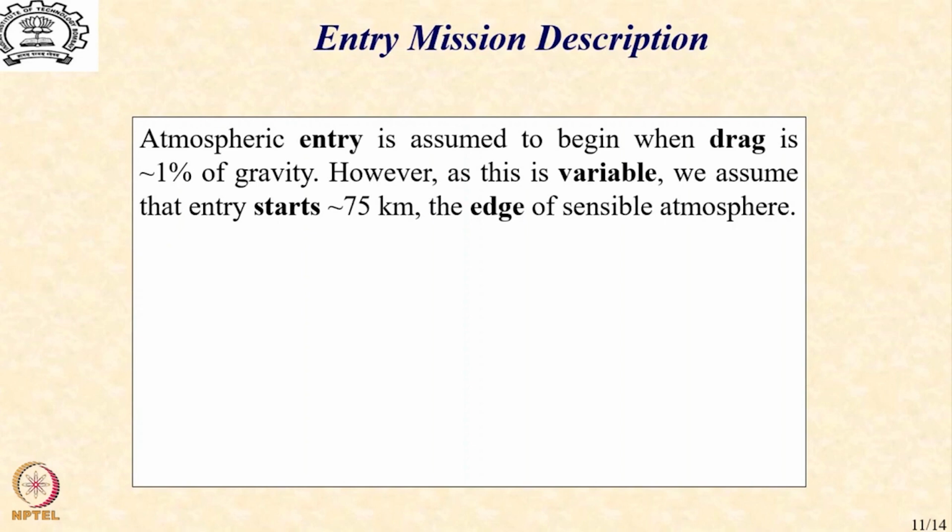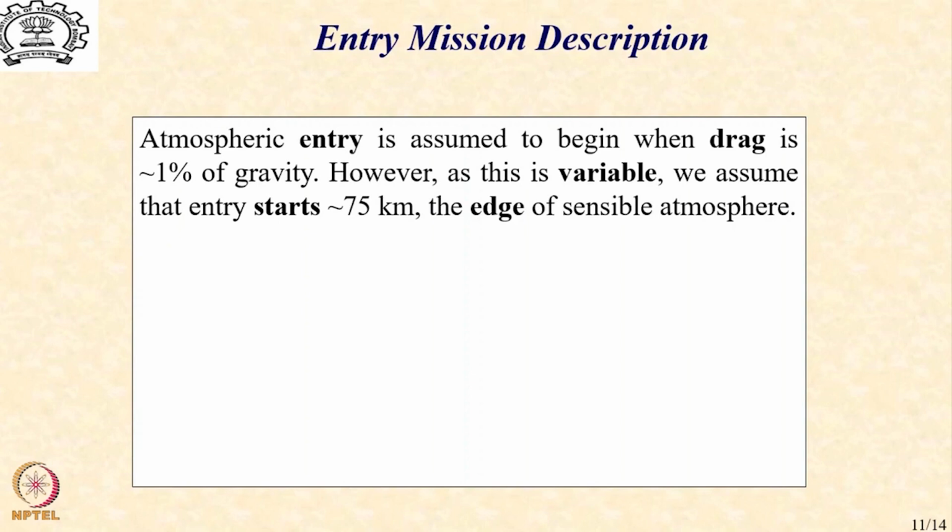So, contrary to what we do in the ascent mission, where beyond 40 kilometers we assume that the atmosphere is absent, which is primarily because our thrust is a much larger force compared to drag. In the entry mission, there is no thrust, and drag is the important force.